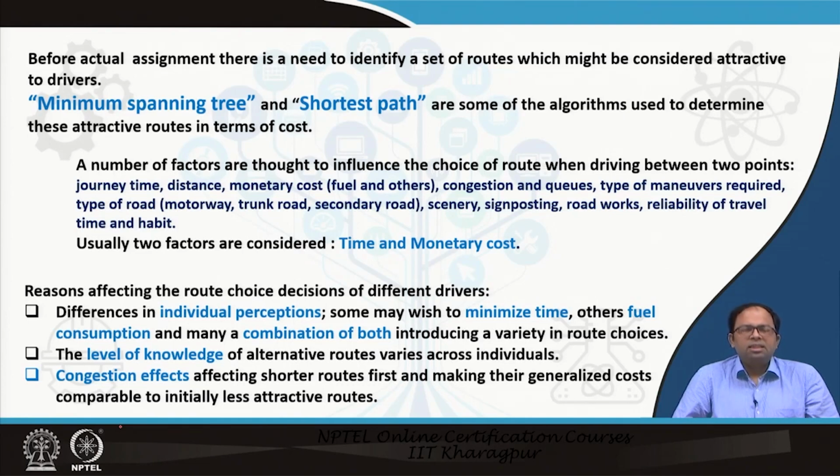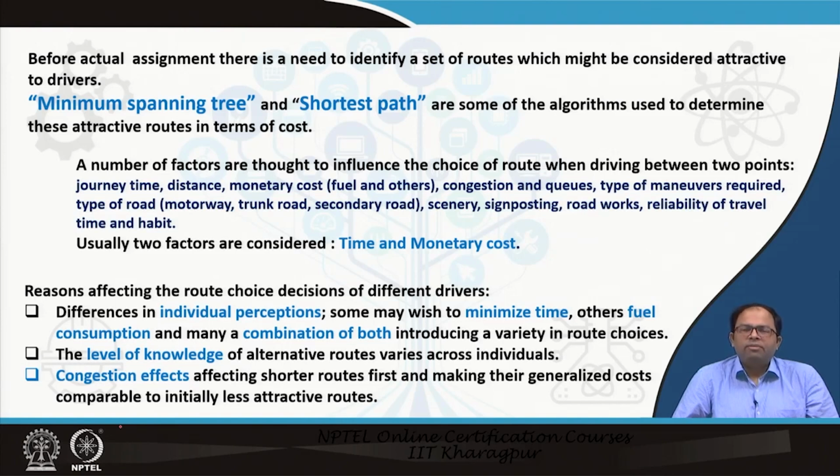So the reasons affecting the route choice decision of different drivers also vary. For example, there is difference in individual perceptions. Some may wish to minimize time, others wish to minimize fuel consumption, and many a combination of both. So that actually leads to many route choices.